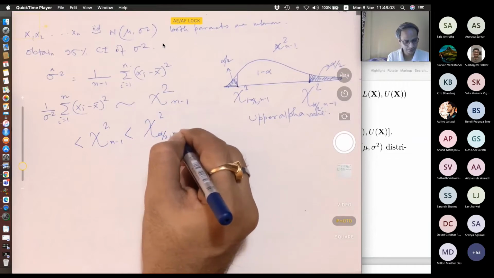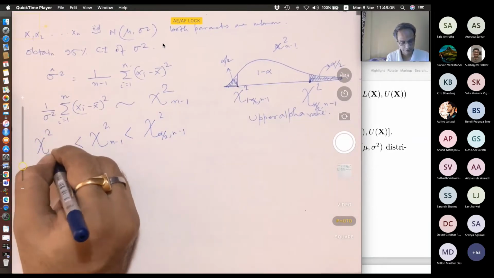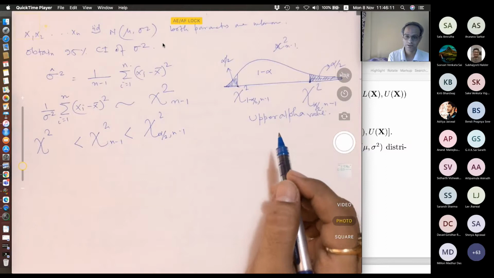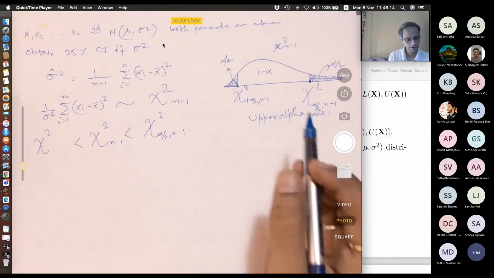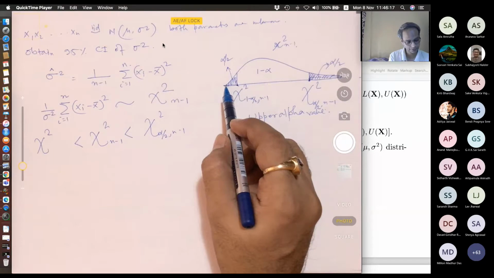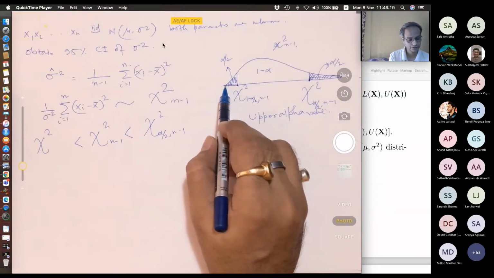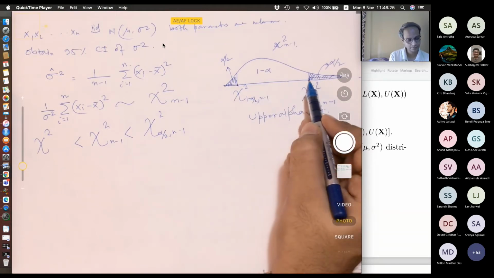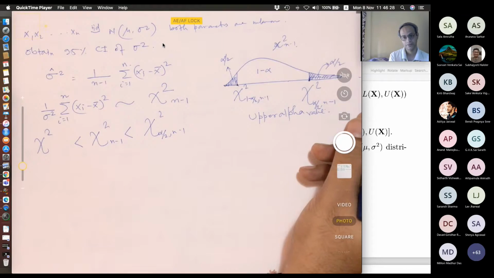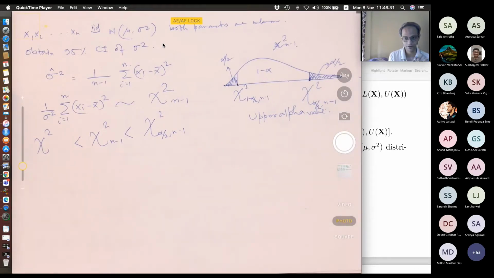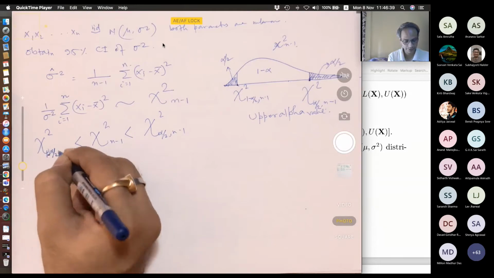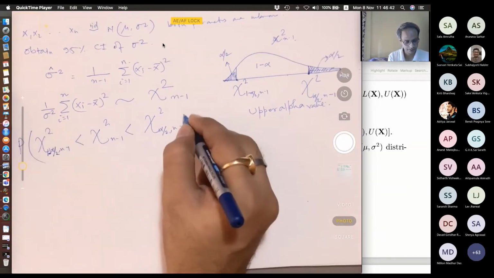Whenever you see the chi-square table, you always check how they have given the table, whether they are giving the integration from 0 to a certain point or from a certain point up to infinity. You always read the footnote or the header of the table to see how it is constructed. So here, chi-square alpha by 2 to chi-square 1 minus alpha by 2, n minus 1, that probability is 1 minus alpha.